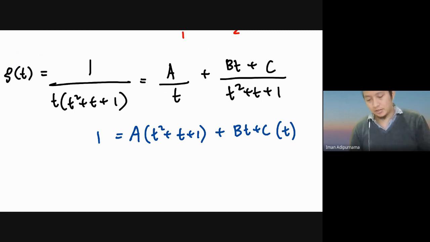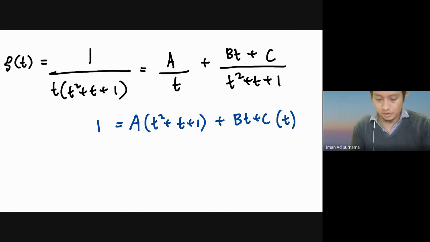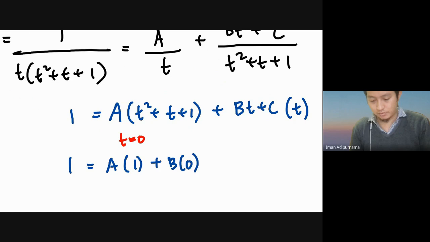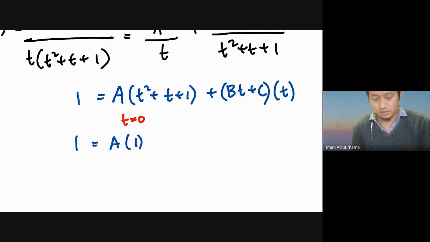Since I think we don't really need to solve the system of equations, we can input some t. Maybe t is 0, then we have a plus b is 0 and plus c also 0. So when t is 0, a is 1.